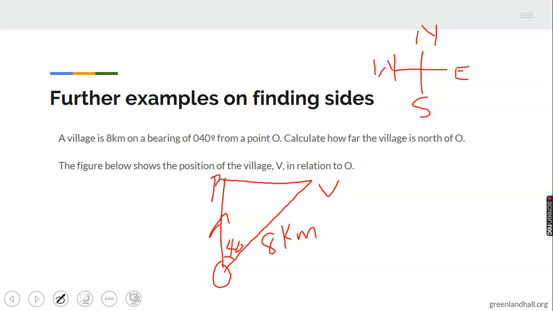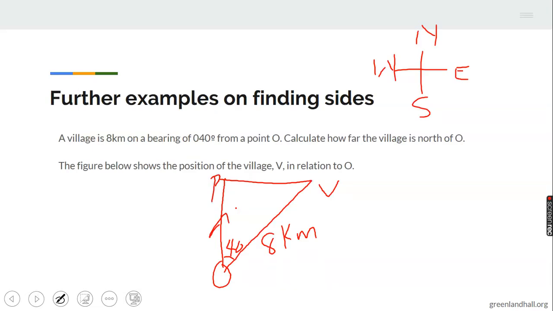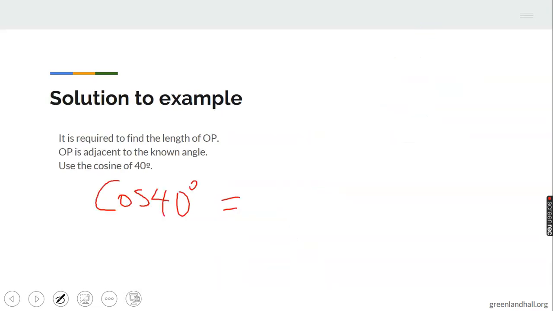So you have your opposite side, and this OP will be the adjacent side, and you have your hypotenuse side. So what will you use? You use cos. That is cos 40 degrees equals adjacent, OP, over hypotenuse, 8 kilometers.